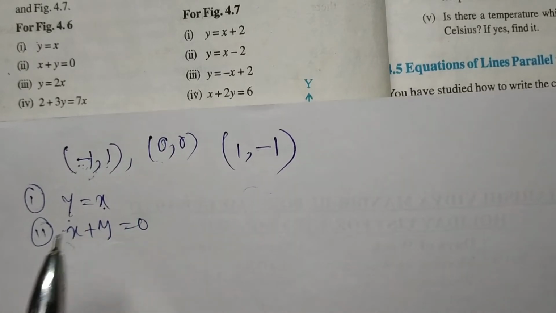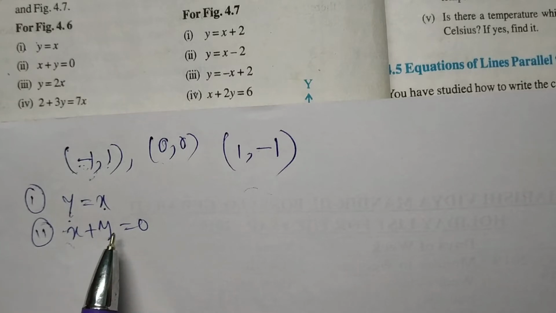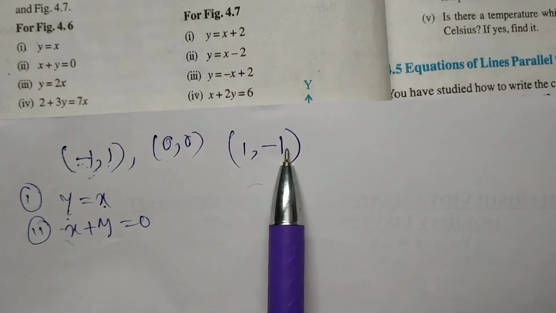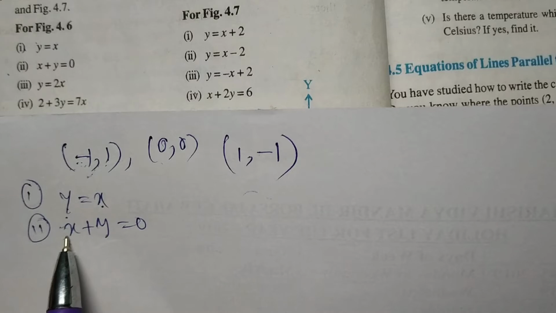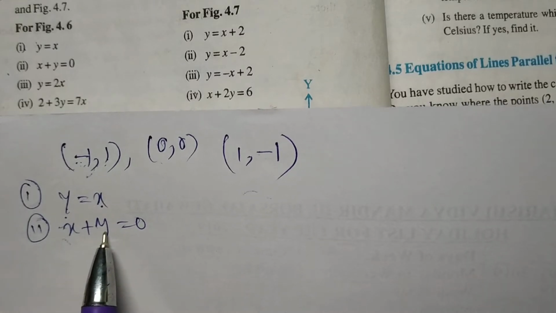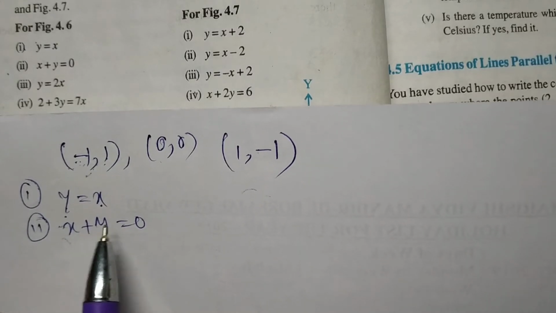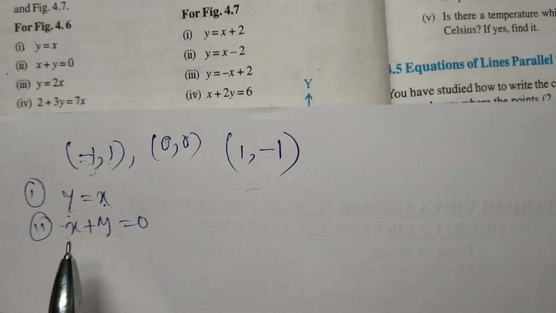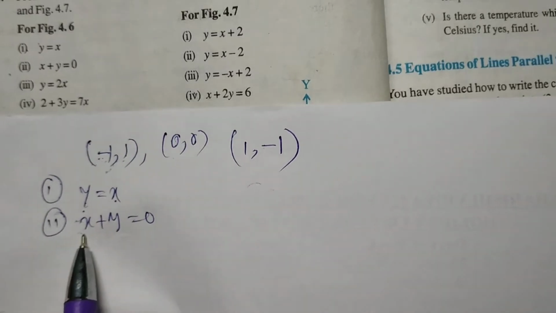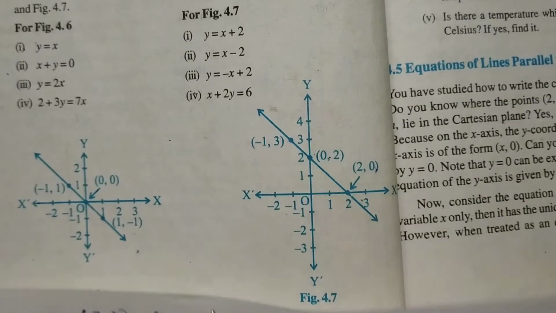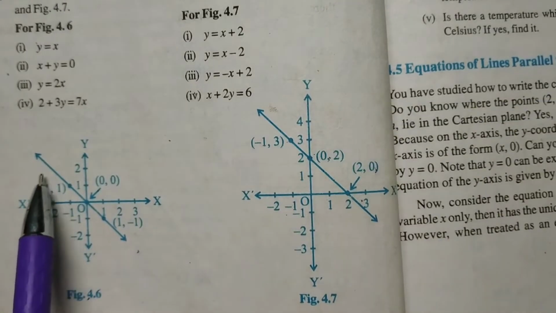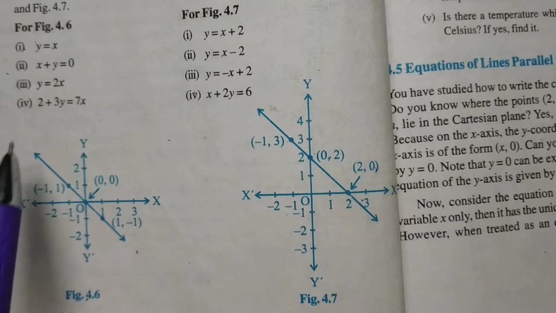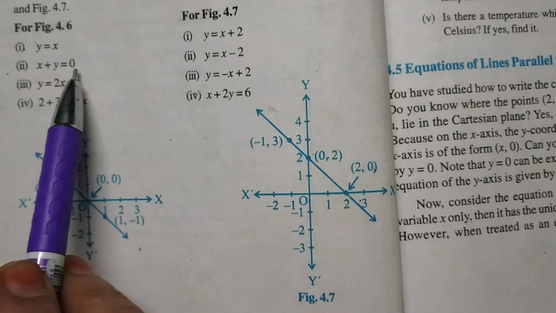That's why this coordinate satisfied this equation. And 1, -1, if we put x equal to 1 and y equal to -1, 1 plus -1 is equal to 0. That's why these three coordinates satisfied equation number 2. That means we can say this graph's equation is x plus y equal to 0.